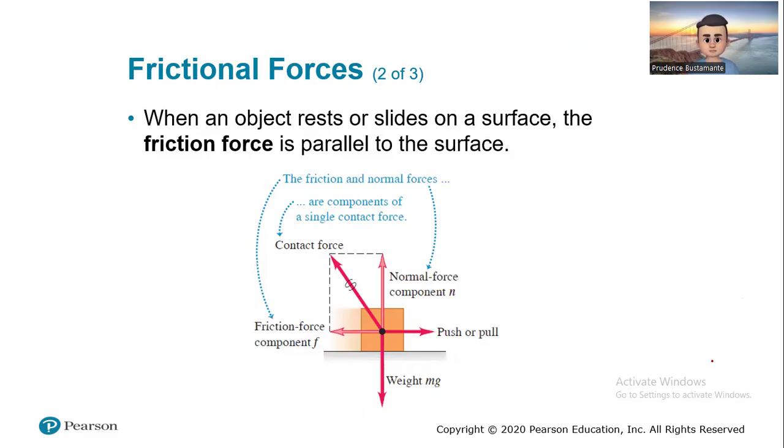So in doing experiments, let's have an experiment. When an object rests or slides on a surface, the friction force is parallel to the surface. So this is actually the direction of the friction force.